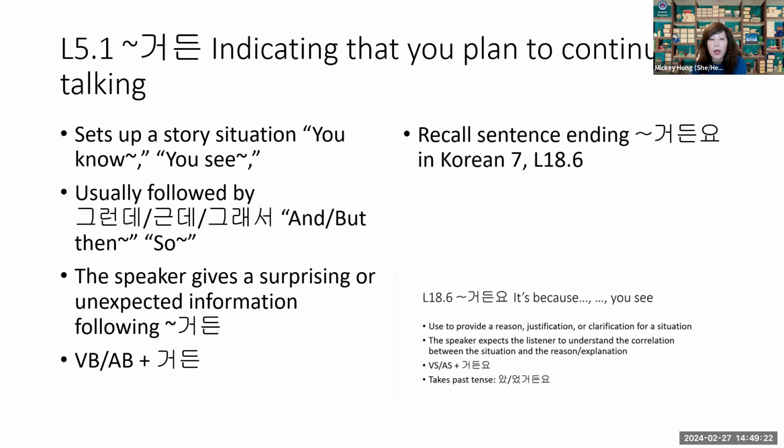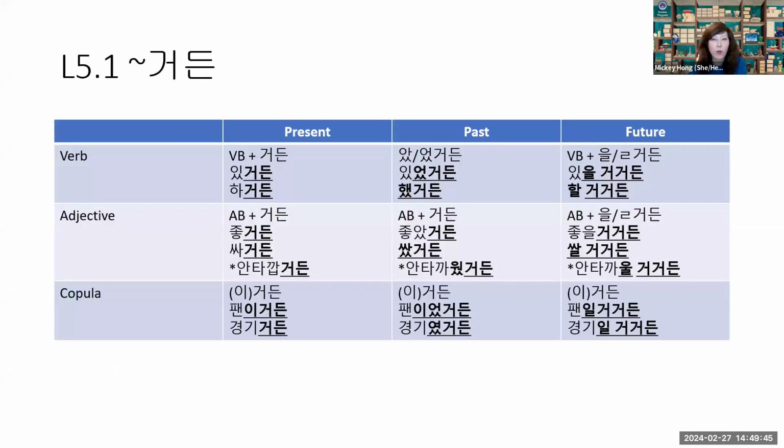The speaker expects the listener to understand the correlation between the situation and the reason or explanation by saying, you see, this is the situation. This is the reason why, okay? This takes tense, for both the statement, of course, but also the sentence ending, but also for the clause version, which we are dealing with now.